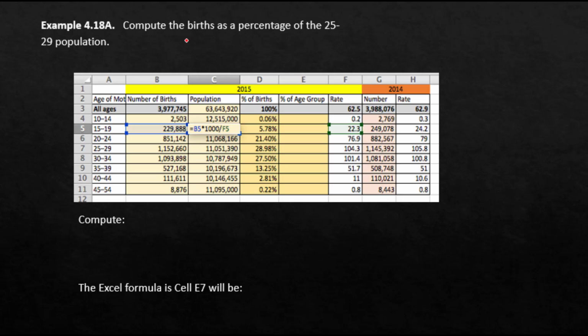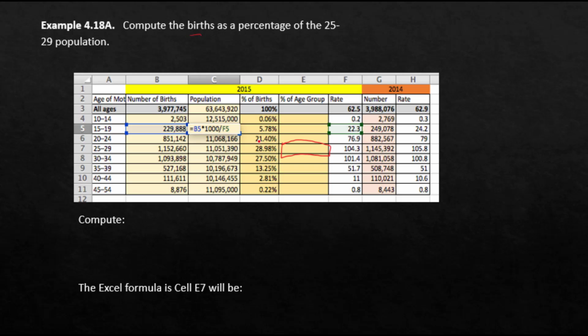So here we're going to compute the births as a percentage of the 25 to 29 age group. So there's the 25 to 29 age group right there. We're going to want what percent of that age group had babies. Now this is the percent of births total.